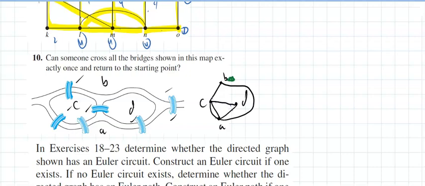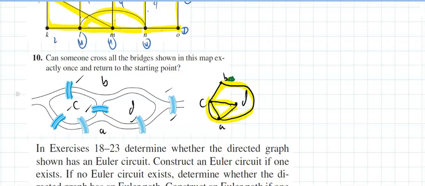Let's see, if I start at A and I run to C. Let me make this a bit further, just so that the highlight doesn't catch it. So A to C first, and then from C I could run to B and run all the way back to A, then to D, then to C, then back down.